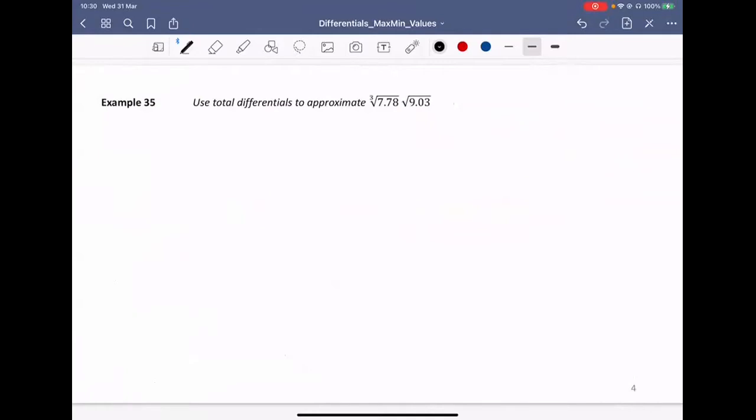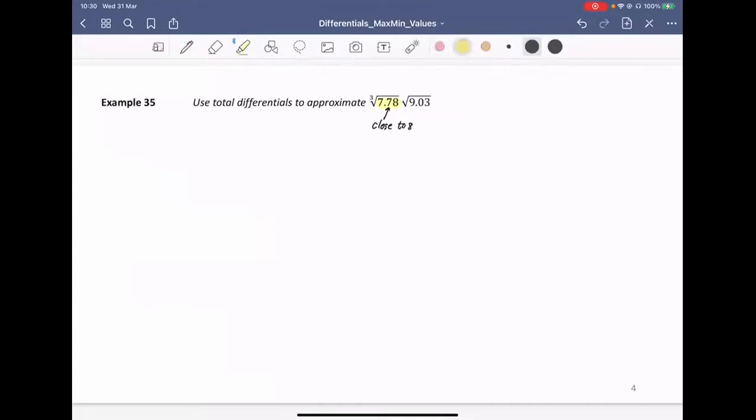So example 35. I want you to use the total differentials to approximate this thing. You can see that the number you have here, 7.78, is a number that is close to the number 8, right?